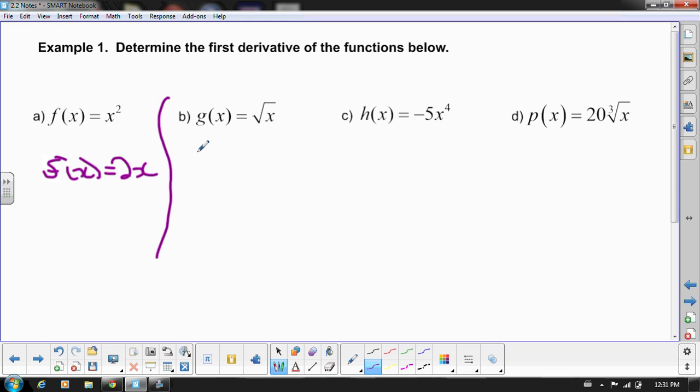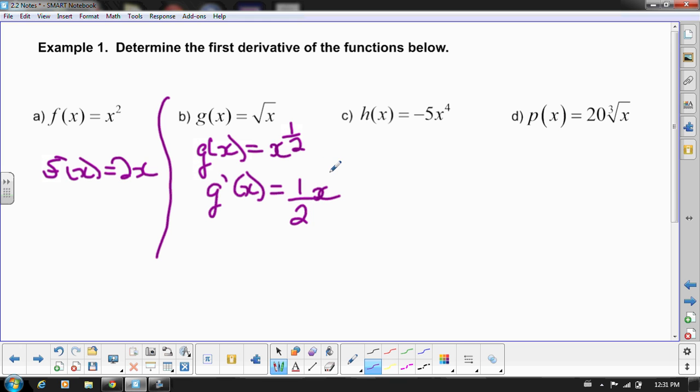All right. G of x. Before I actually get the derivative here, I'm going to rewrite my root so that I have it as an exponent. So the square root of x is the same thing as x to the 1/2. So this becomes g prime of x. I'm changing my notation. The exponent comes down in front, so that's 1/2 multiplied by x.